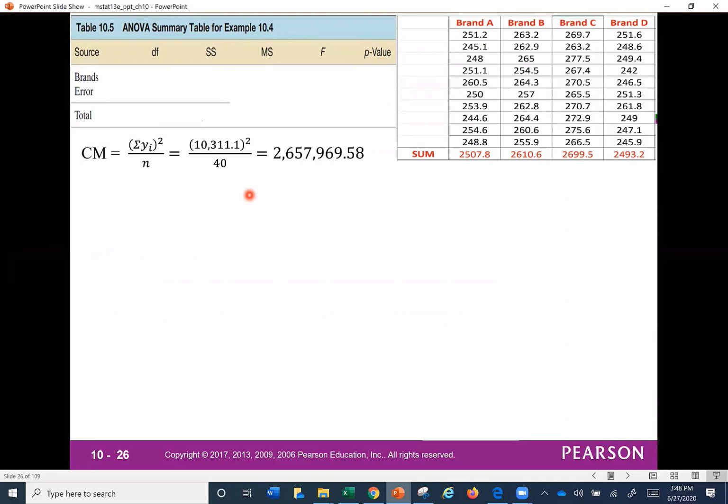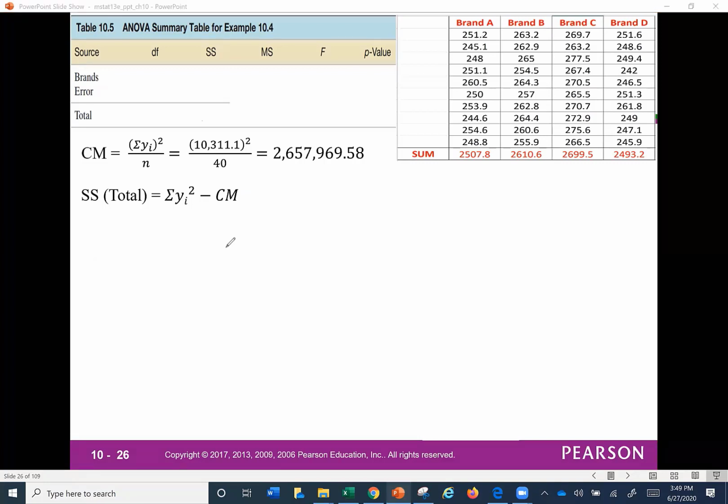Then let's obtain the total sum of squared deviations with respect to the overall mean. This total sum of squares is given using the shortcut formula: the sum of each value squared, so we need to square each of these values, sum all of them, and subtract the correction.